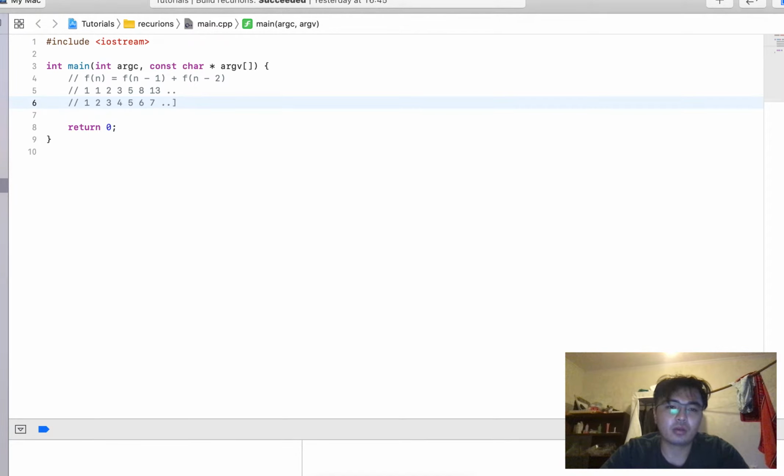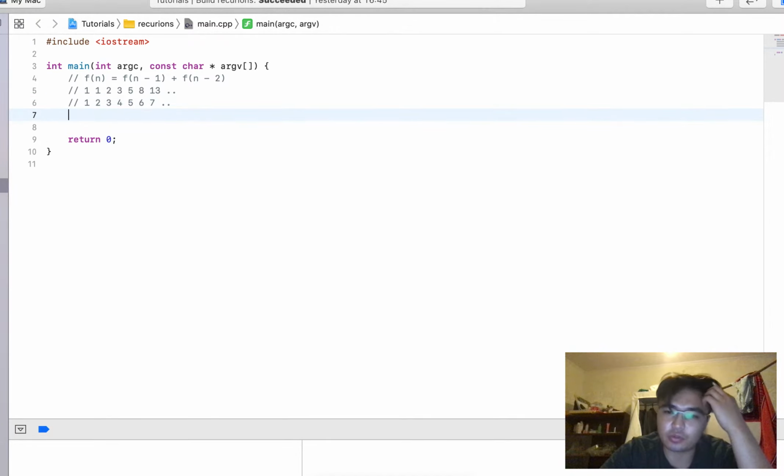So how do we achieve this goal? There are actually a lot of ways to solve this problem, but right now, for the sake of example, we will use a recursion.